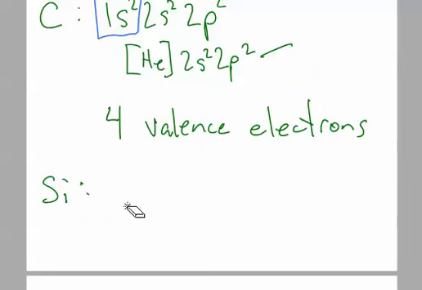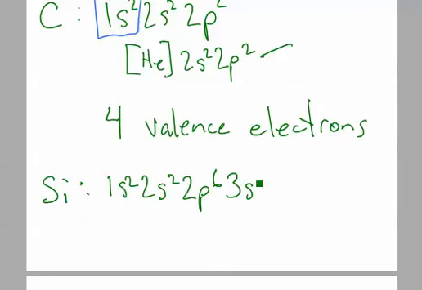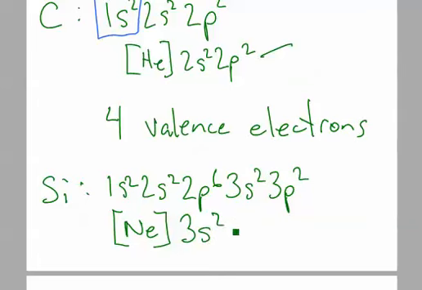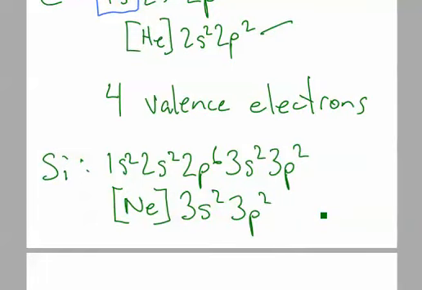Let's do the whole thing. 1s2, 2s2, 2p6, 3s2, again, following along on your periodic table, and then 3p2. Writing our condensed configuration, this would start with neon at element number 10, then we go to 3s2 and 3p2. And we look at this configuration, and again we call the valence electrons those that are outside of this core.